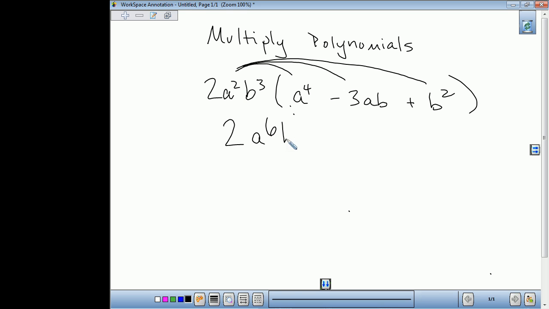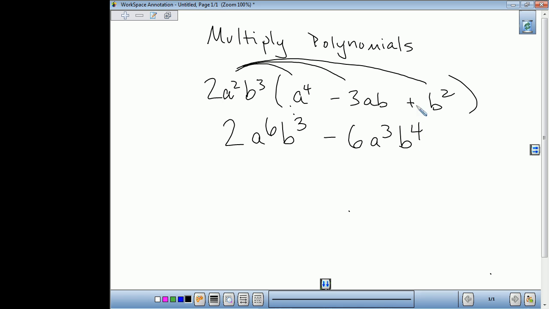A to the 6th, and then b cubed. Minus 2 times negative 3 is negative 6, so it's minus 6. And then a squared times a to the third, and b cubed times b to the fourth.